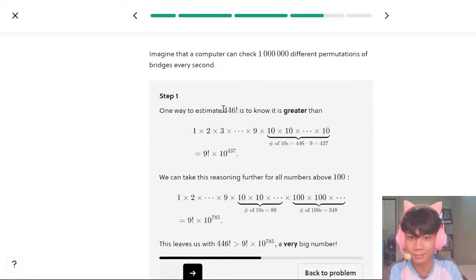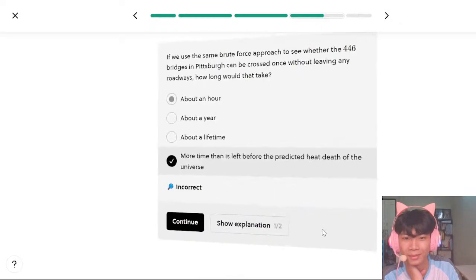So one way to estimate the 446 permutations is to know it is greater than a very big number.